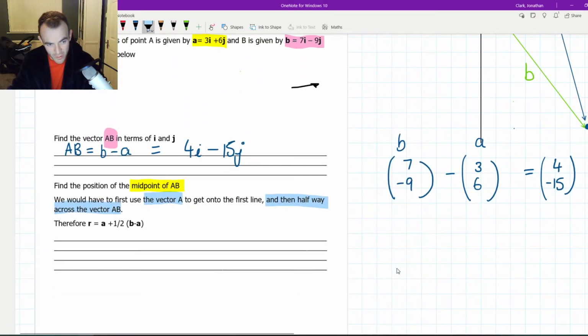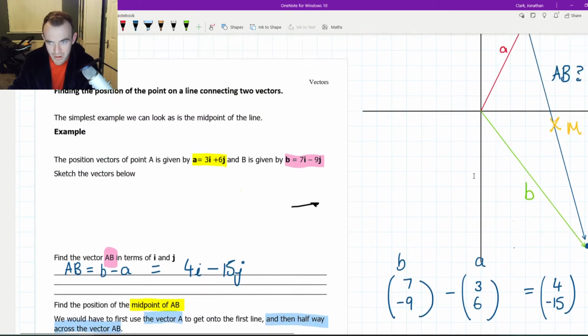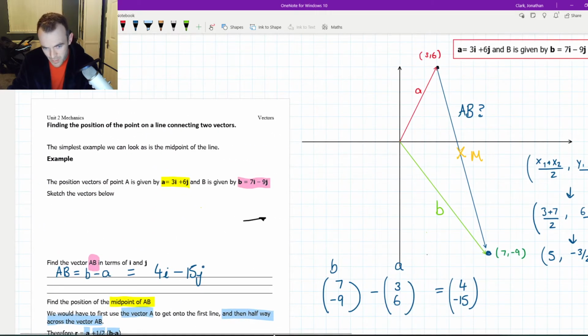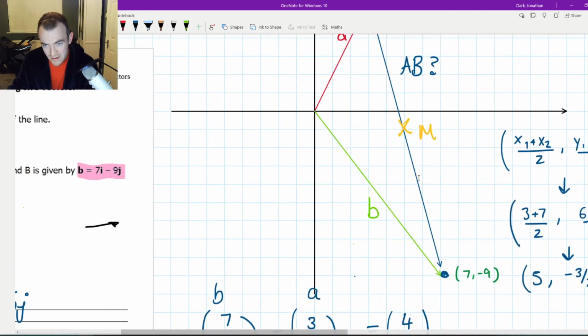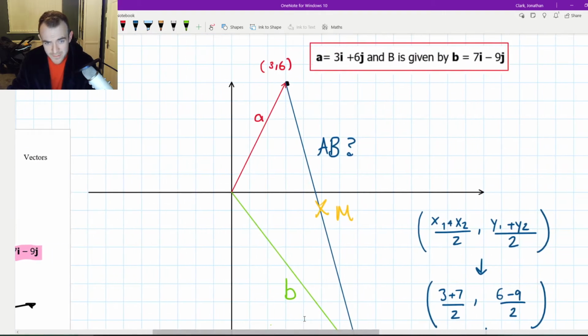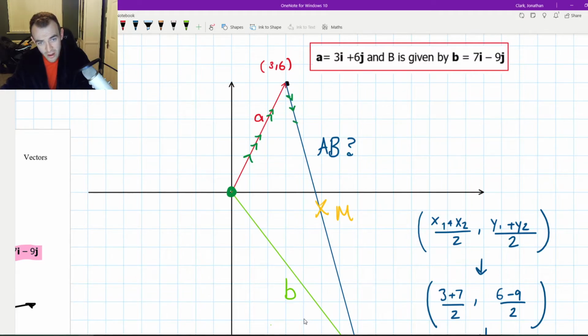And they've given us a formula, which is A plus half of B minus A. I'll break that down a bit more for you now. If I want to get to this point M, the midpoint, I could start at the origin, go along this vector A, and then go halfway along this vector here, and I could stop at the midpoint. That's the idea.